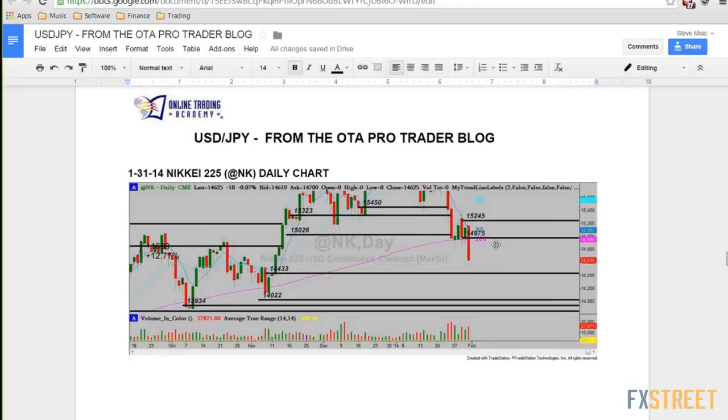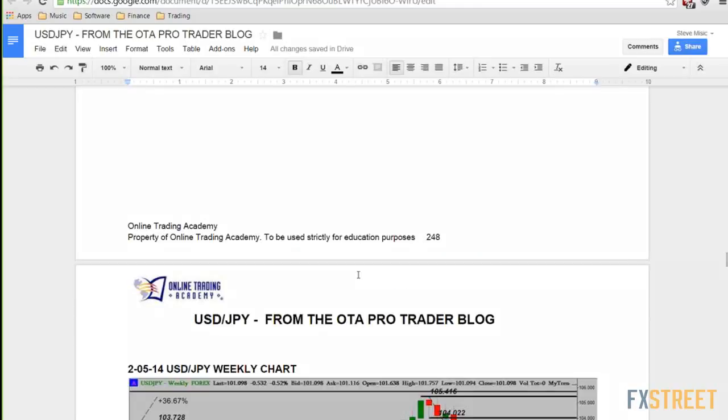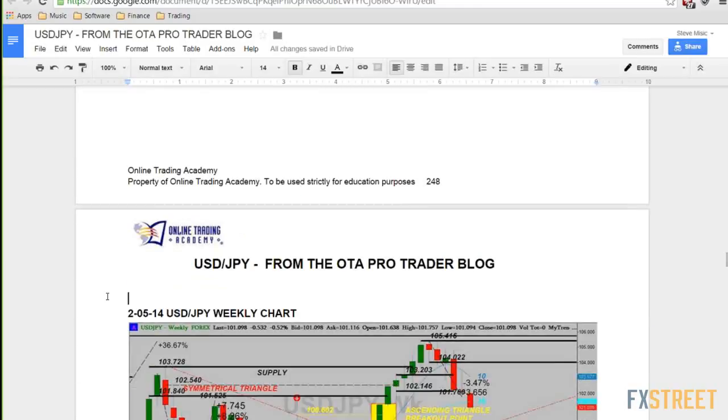So that means this looks to be the range that we'll see this Nikkei trade in until either the demand levels go away and we'll test lower demand levels, or the Nikkei comes up and takes out the supply level above 15,245.